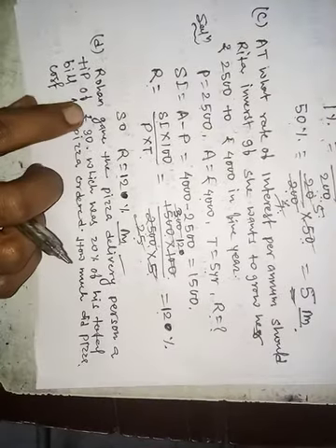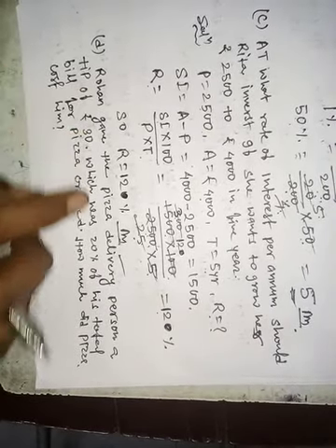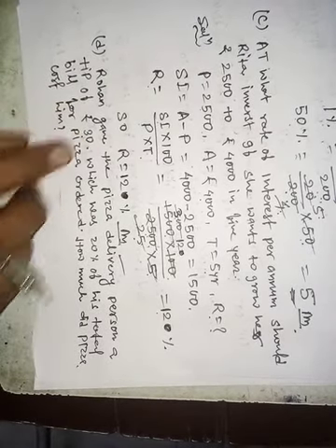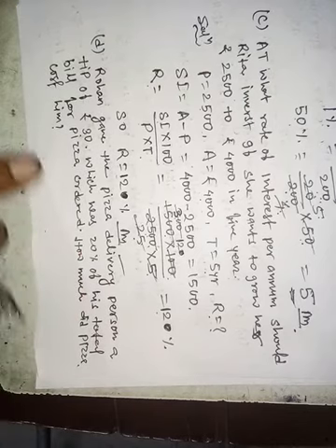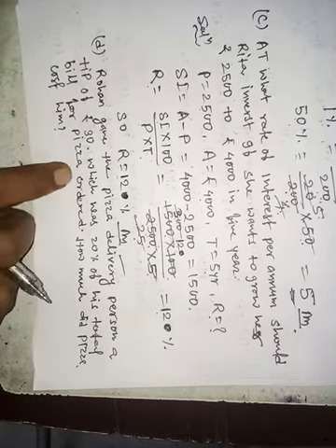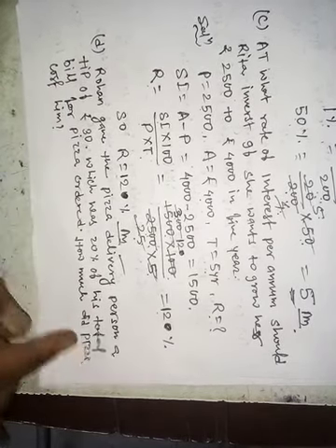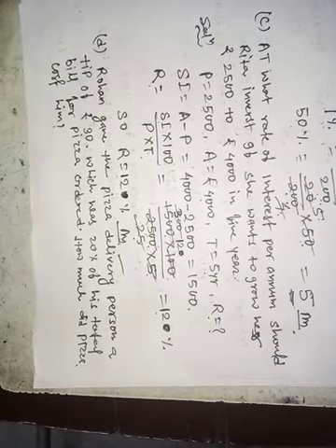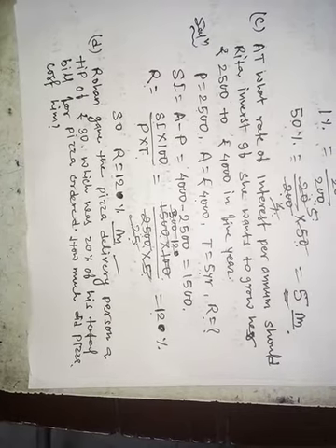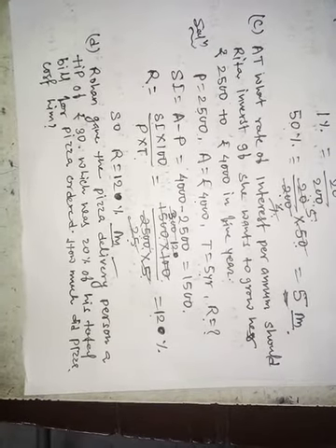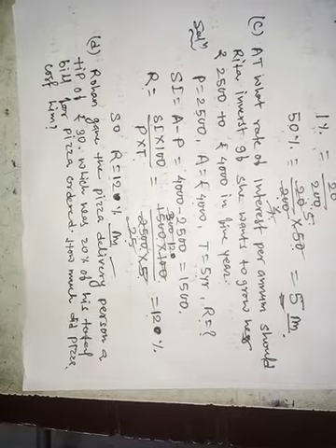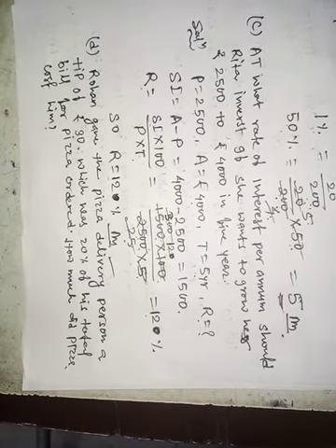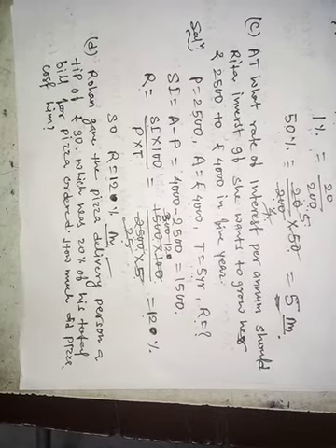In question number D, Rohan gave the pizza delivery person a tip of rupees 30, which was 20% of his total bill for the pizza ordered. How much did the pizza cost him? Here given that Rohan gave rupees 30 to the delivery person as a tip, and that rupees 30 is 20% of the total pizza cost.